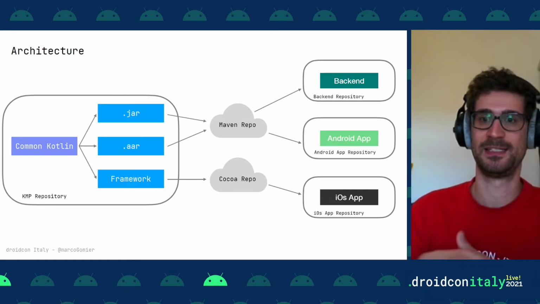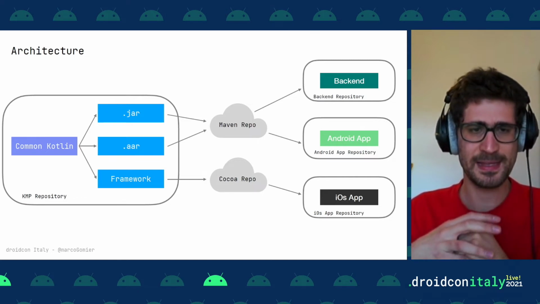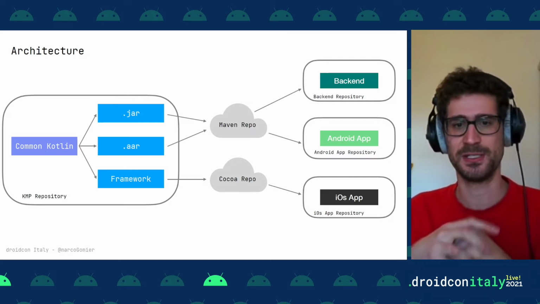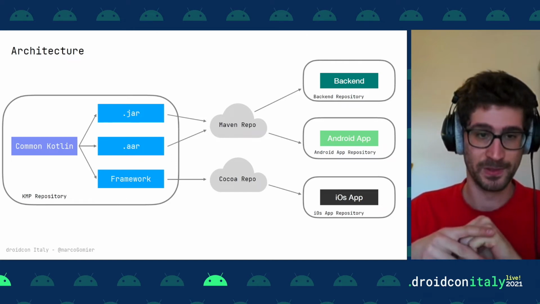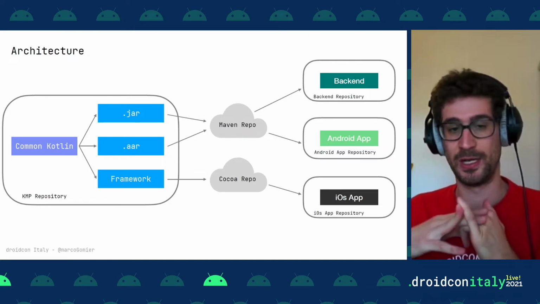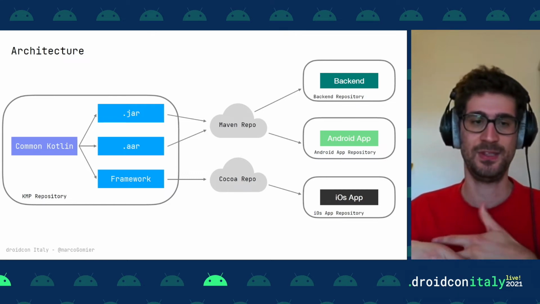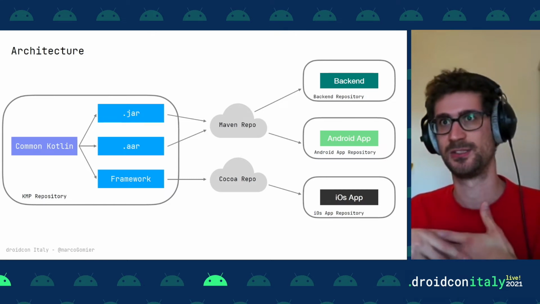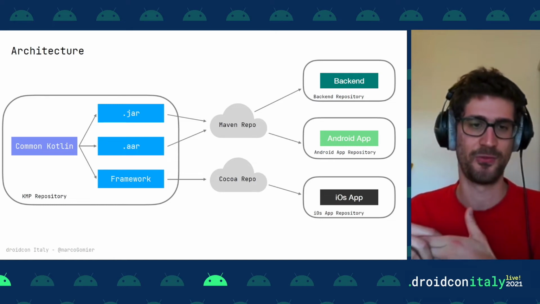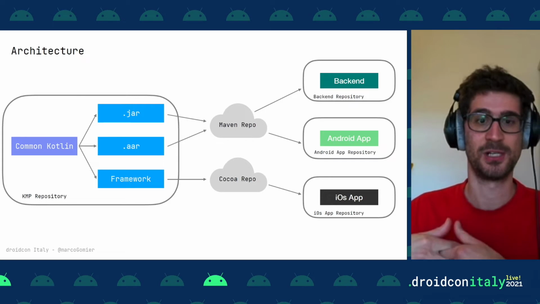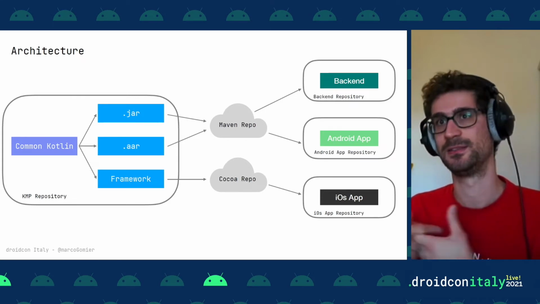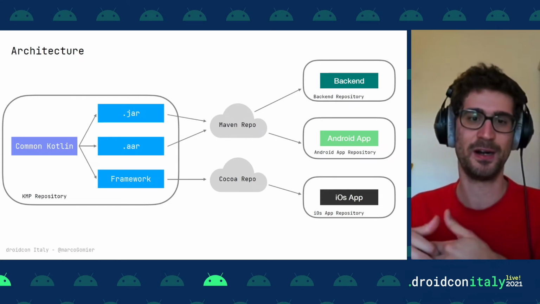What we are going to build is something that lives in different repositories. So there will be a repository for the Kotlin shared code, and this shared code is going to generate some binary artifacts. For the JVM, there will be a jar. For Android, there will be an AAR, which is the equivalent of the jar.